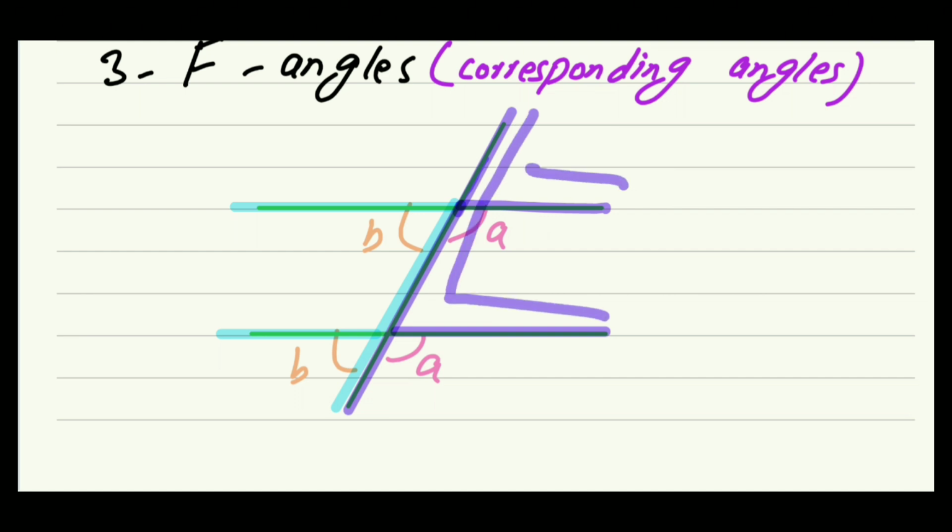This is also F. The angles inside this F are this one and this one. So this should be same here. If this is B, this should also be B. They should be same.